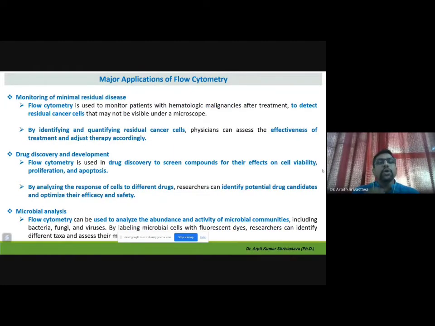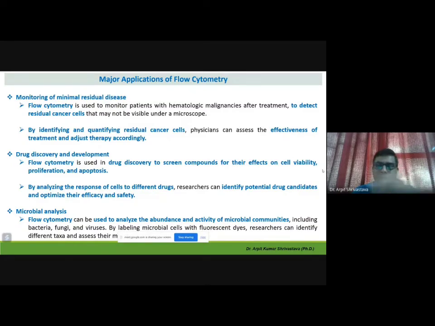The third one is monitoring of minimal residual disease. What does minimal residual disease mean? If a patient is taking medication for a particular disease or some cancer or malignancy, the doctor wants to check whether the person has recovered fully or not. Sometimes fluorescence microscopy or other microscopic techniques are not capable enough to identify a small trace of this malignant tissue.